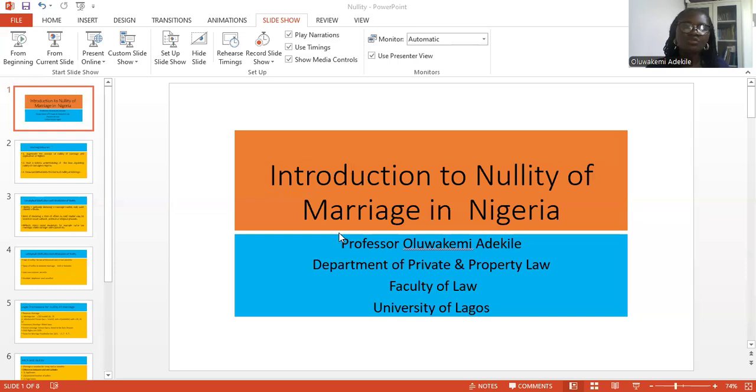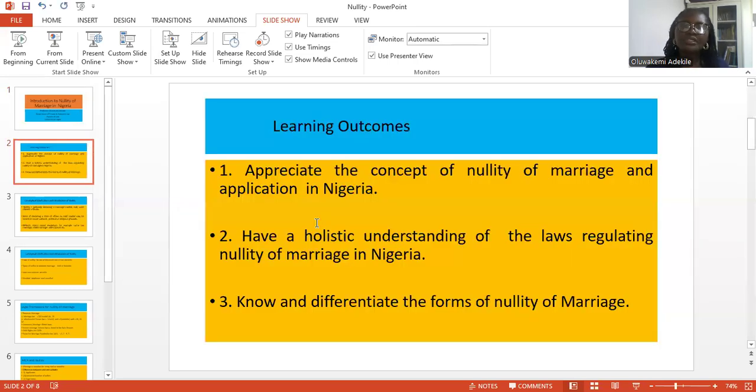The learning outcomes for this presentation are threefold. We want to look at what we mean by nullity of marriage and how it applies under Nigerian law.